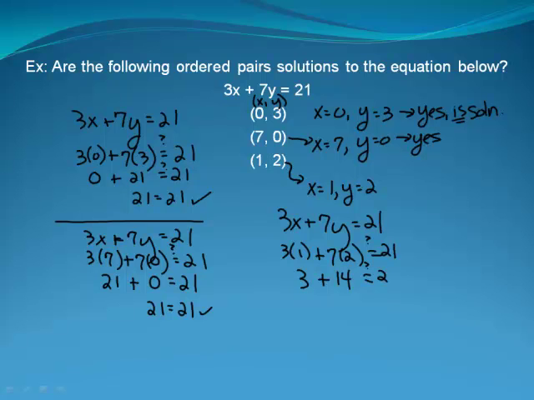Is that equal to 21? Well, 3 plus 14 is 17. 17 is not equal to 21. And therefore, this ordered pair is not a solution to the given equation.